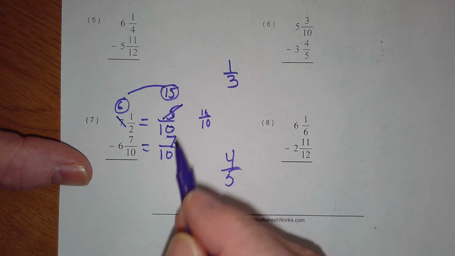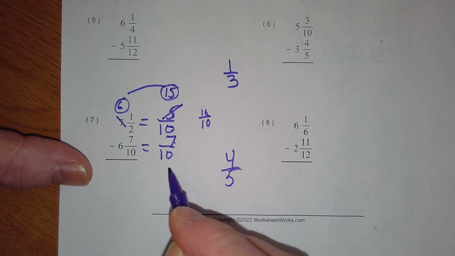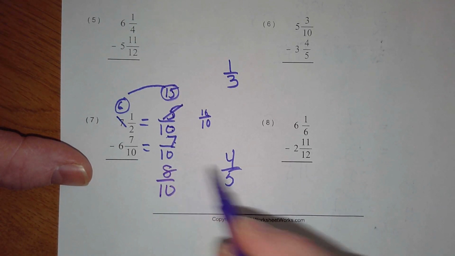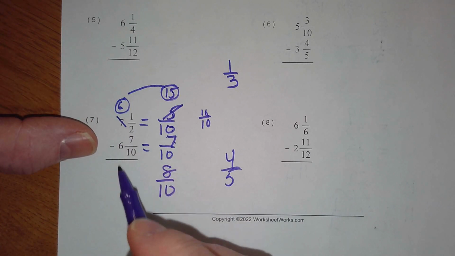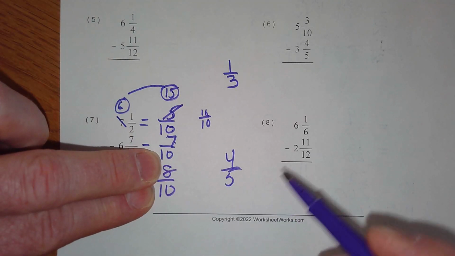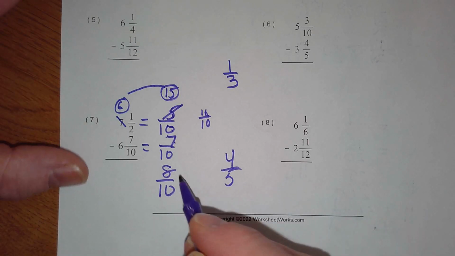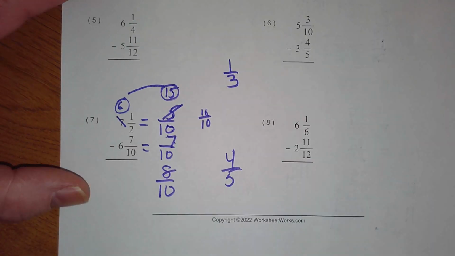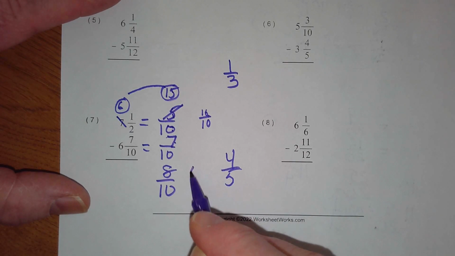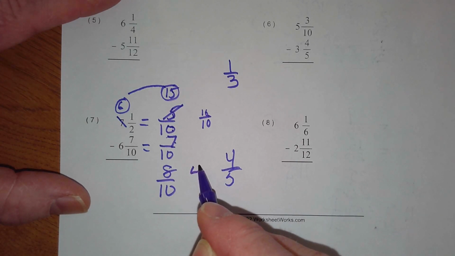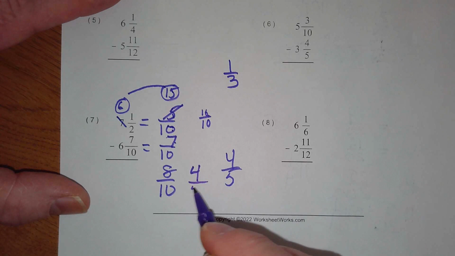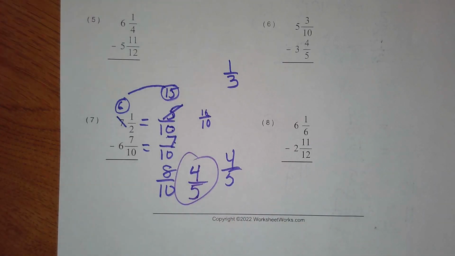Elian, 15 minus 7? 8. So we have 8/10. Nothing's over here, that's 0. And then what'd you do to 8/10? Reduced it. Elian, what fits into 8 and 10? 2. How many times? 4 times. And how many times? 5. 5 times. Very good, Elian.